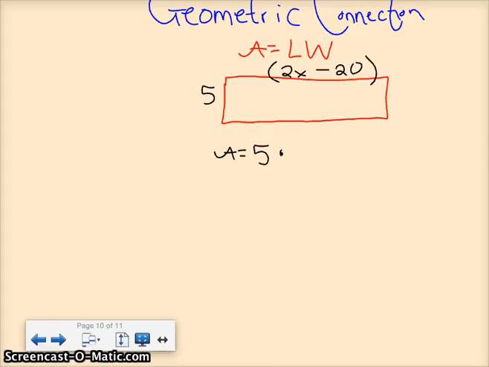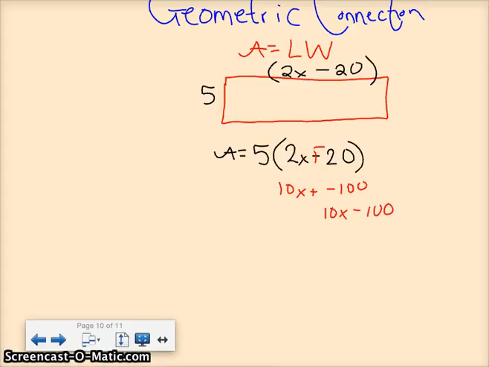You have to specify that you need to times 5 to everything. And in order to specify that, 5 needs to be sticking to the whole expression. Now I know that I need to multiply 5 to everything. So then my algebraic expression that models the area of this rectangle would be 10x plus a negative 100, or 10x minus 100.